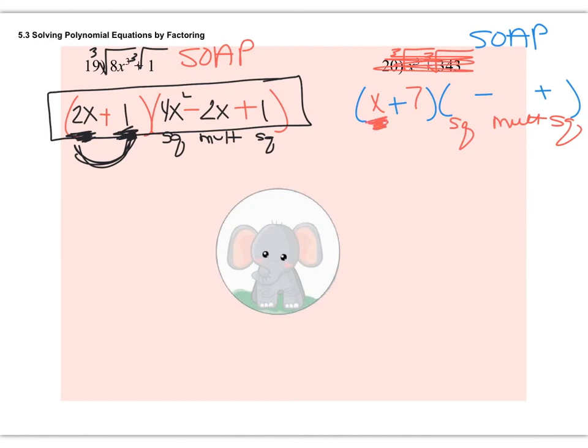Square the first one. x times x is x squared. Multiply the two together. x times 7 is 7x. And then square this last one. 7 times 7 is 49. And that will not factor any further. That is my factored answer.